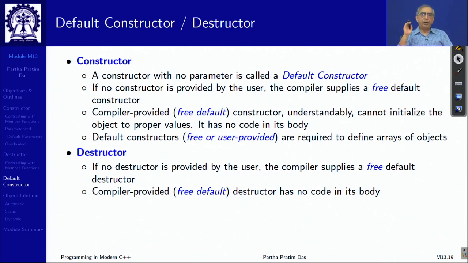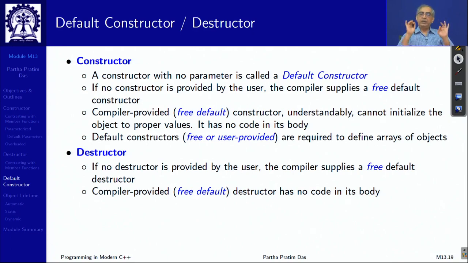So, what the system does is, if you do not provide any constructor, the compiler will supply a default constructor, a constructor without any parameter, without any code, without any initialization, but it will provide that placeholder function. Okay.